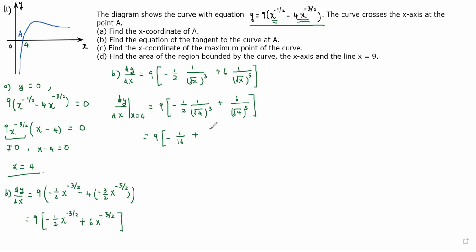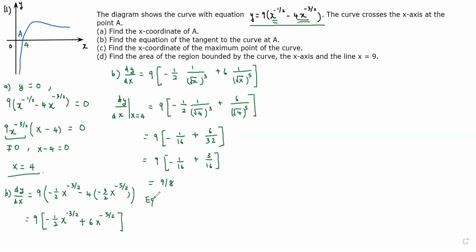And for this case here, square root 4 is 2, 2 to the 5 is 32. So that will give us 9 times negative 1/16. But both of these, 6 and 32, are divisible by 2. That simplifies to 3/16. And we have a value of 9/8.